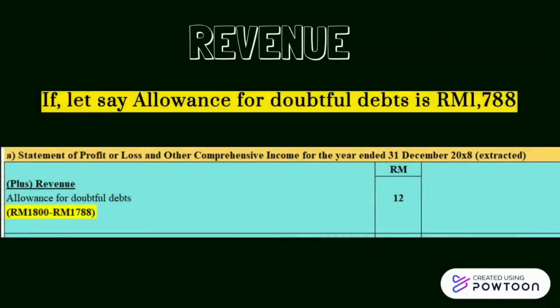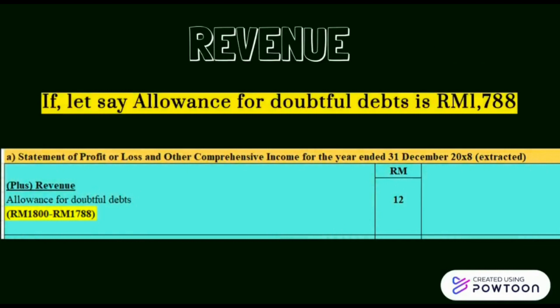For the revenue example, let's say the new provision for doubtful debts is 1,788 ringgit, which shows the new provision is lower than the previous balance of 1,800 ringgit. It decreased by 12 ringgit, so in the statement of profit or loss and other comprehensive income, we recognize the change of 12 ringgit as revenue or other income.